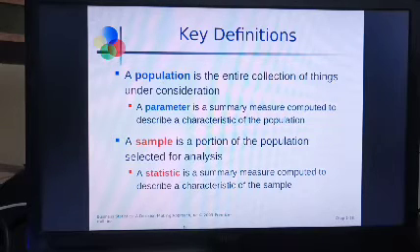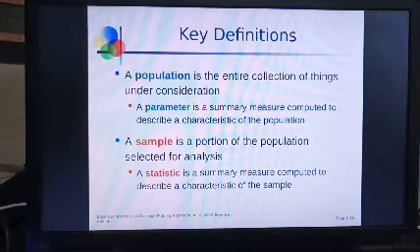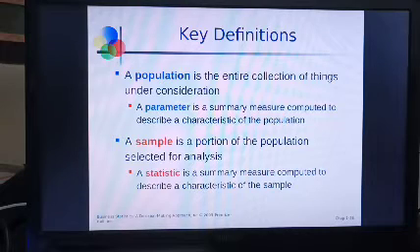Key definitions here that we have talked about. A population is the entire collection, we know this already, of things under consideration.